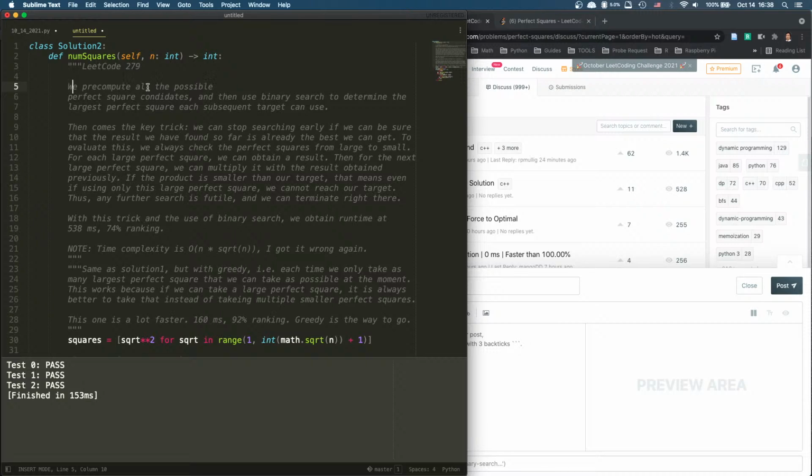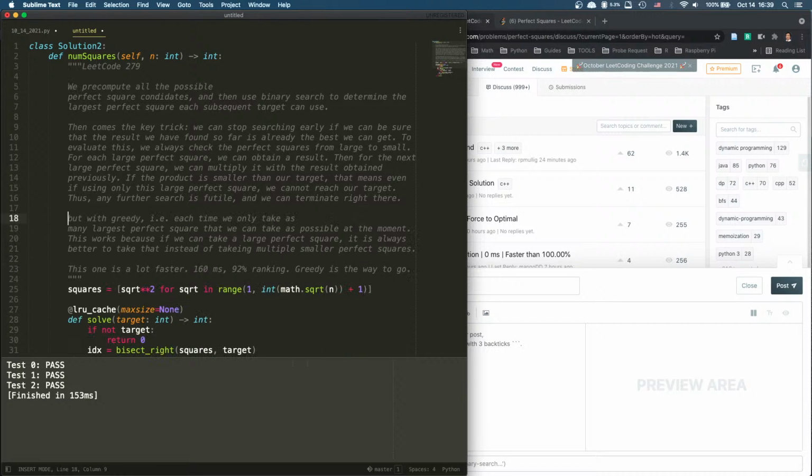We pre-compute all the possible squares. Largest can use. Trick. We can stop early, right? Smaller than means even. Okay, yeah, we can do this. And another trick.